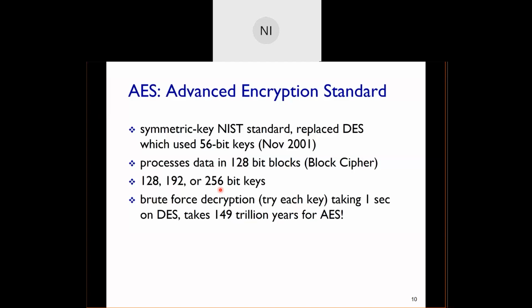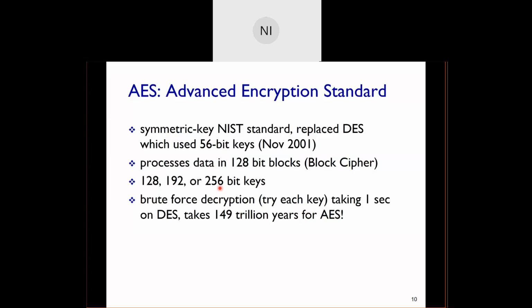And if you look at how challenging it is to decrypt by brute force, where you try each and every key combination that is possible, if it takes 1 second on DES for decrypting, it takes this many trillion years if you are using AES. I hope you appreciate what I meant here. Assume that somehow you caught hold of some ciphertext and you are trying to launch a brute force attack, assuming that your key length is 256.